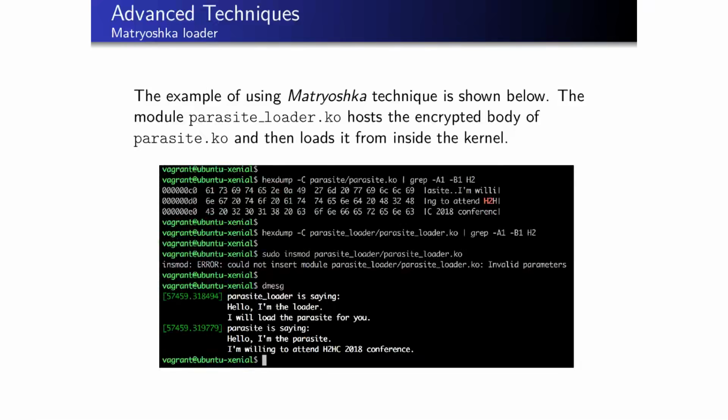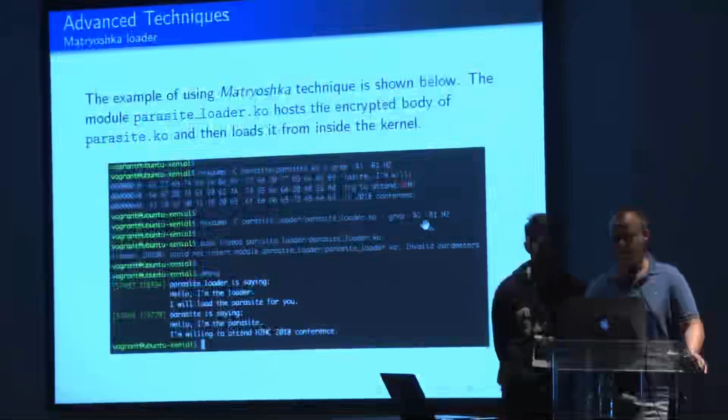And it allows you to get the following result. Let's say I have two modules, the first module I call parasite, and the second one is parasite loader. Inside the first module, I have a static string like H2HC 2018 conference, blah blah, and I can grab this signature just using grep. But when I'm trying to grep the same structure from the loader, I cannot see it.